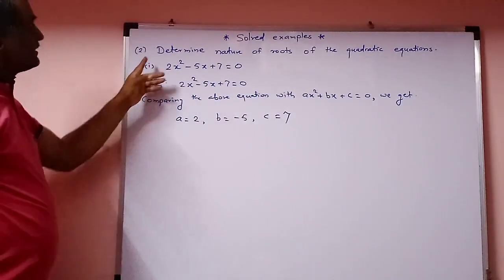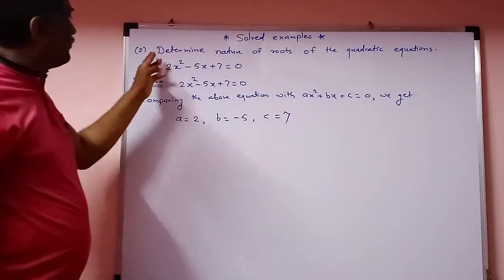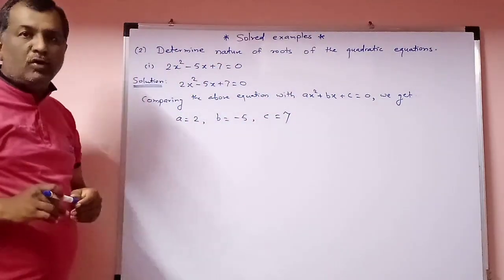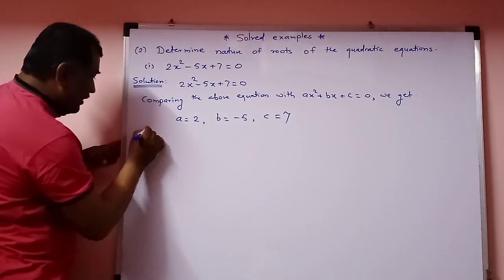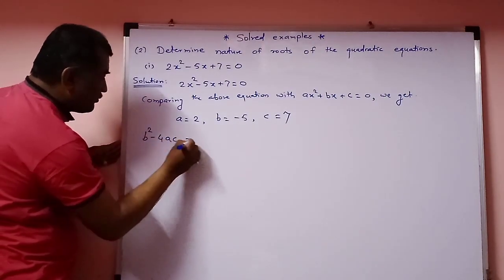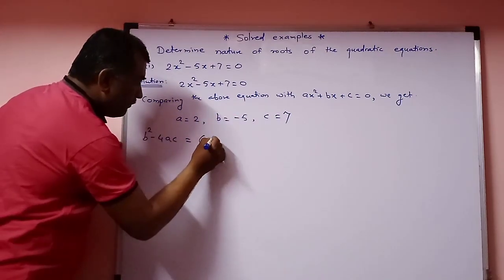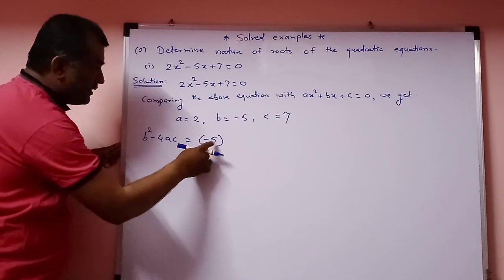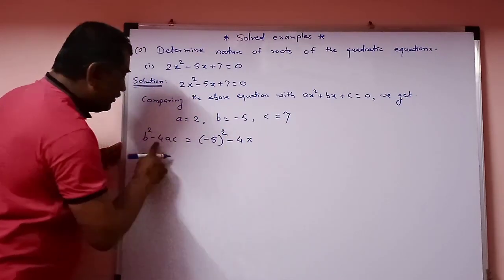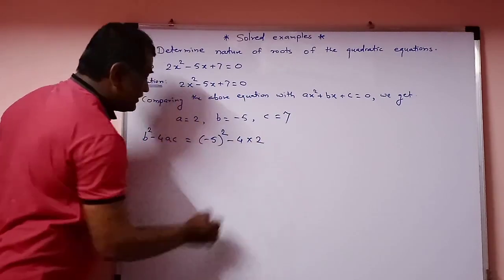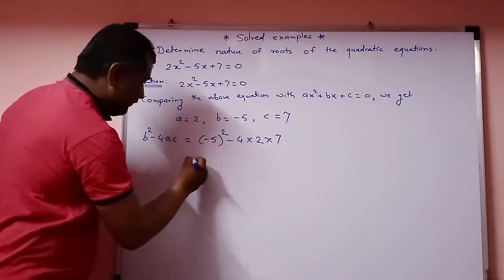Now what to do here, see, determine the nature of roots of a quadratic equation is determined by the value of b square minus 4ac. Calculate the value of b square minus 4ac. b square minus 4ac is equal to b square, value of b is equal to minus 5 bracket square minus 4 into a, value of a is equal to 2 into value of c 7.